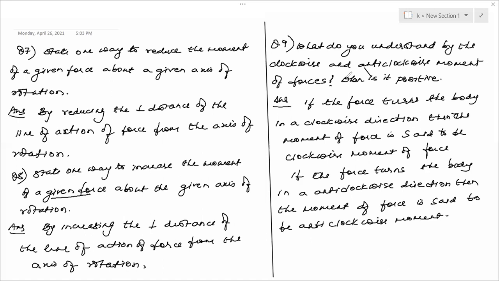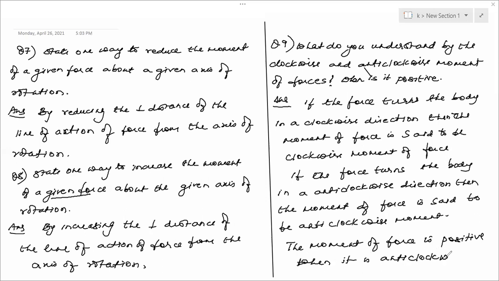Now the question is, last part, when is it positive? The moment of force is positive when it is anti-clockwise.